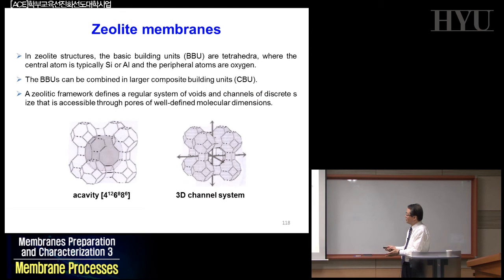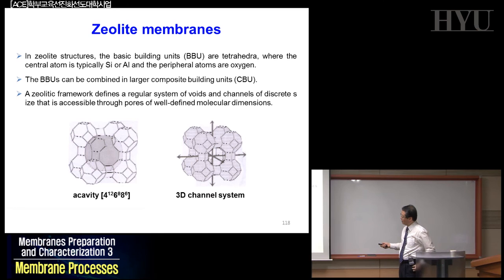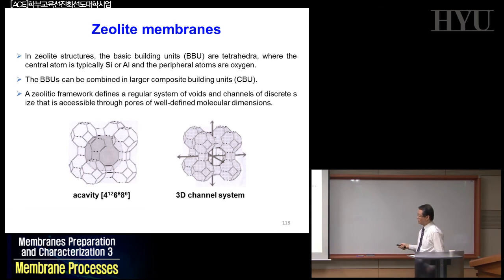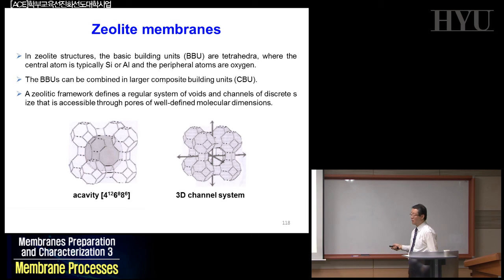You have a lot of other types of zeolites. One nice feature of zeolite is that you have very well-defined three-dimensional pore structures with known cavity sizes or pore sizes, ranging in some Angstrom levels, like 3 Angstroms or 3.5 Angstroms.